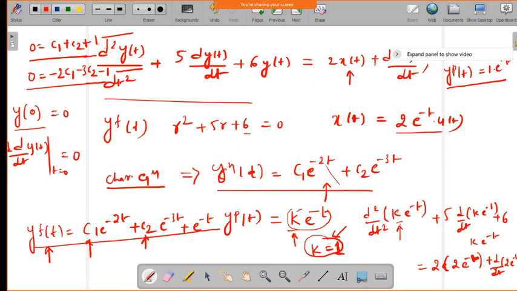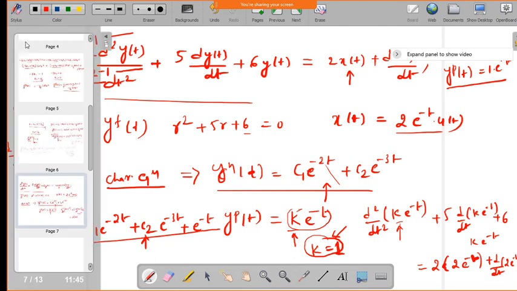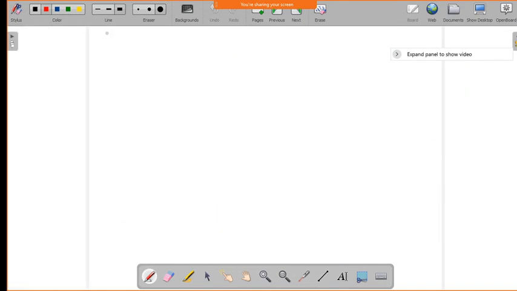Okay. So, now you find out the value of C1 and C2 by using these equations. That is, C1 plus C2 plus 1 equal to 0 and minus 2 C1 minus 3 C2 minus 1 equal to 0.